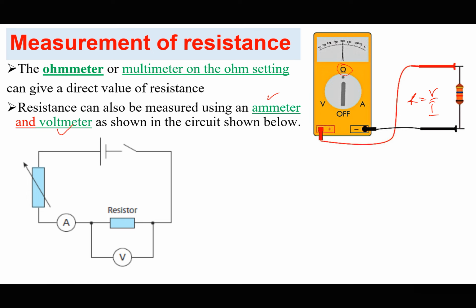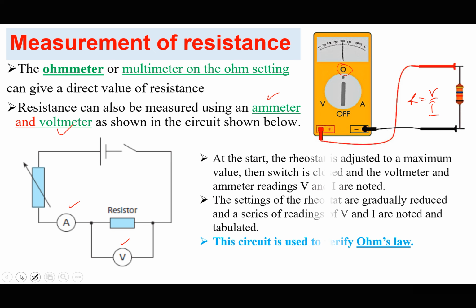The voltmeter must be connected across the resistor, and then of course the ammeter is in series with the circuit. So measuring V and measuring I, we can find the resistance of our resistor here. Yet for the ohm meter, I just put it across the resistor and it gives me the resistance. For the multimeter, I just put it across the resistor and it gives me the resistance.